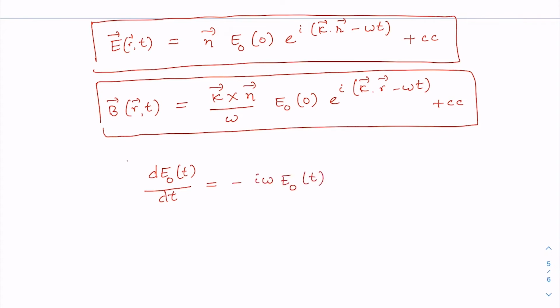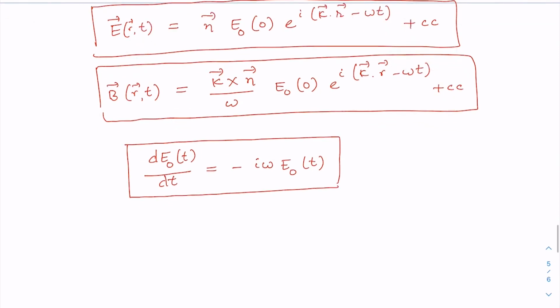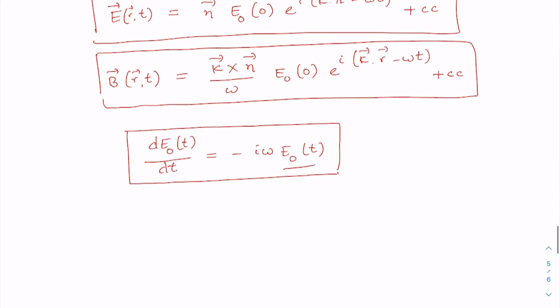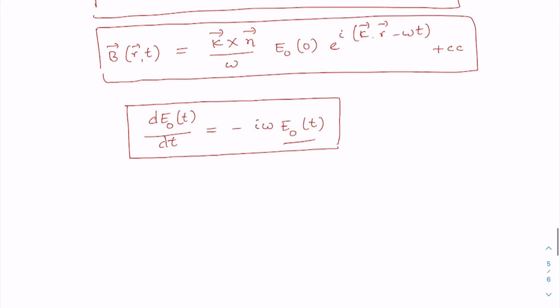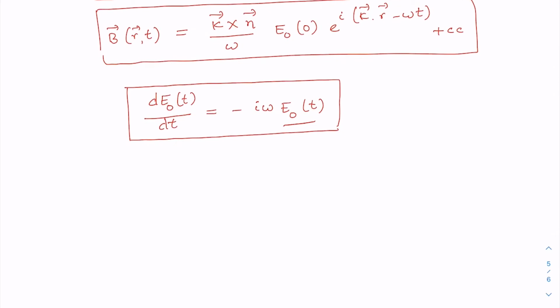And that's the reason I said that E0(t), the complex amplitude of the electric field, fully describes the state of the electromagnetic wave. Now, E0(t) is a complex quantity, so it is determined by two real variables, and we'll see that the real part of E0(t) and the imaginary part of E0(t) are canonically conjugate variables.